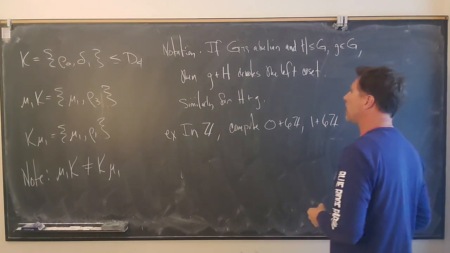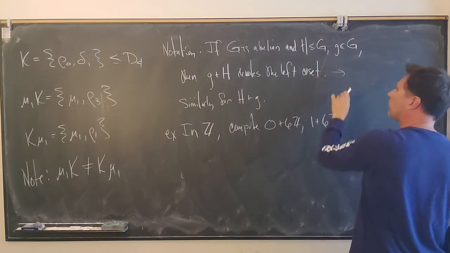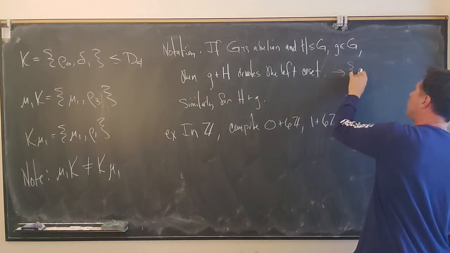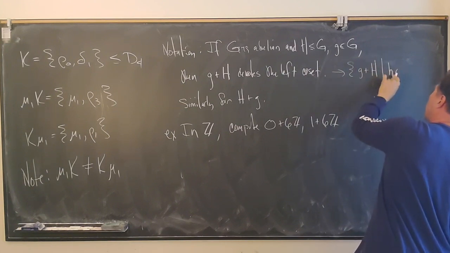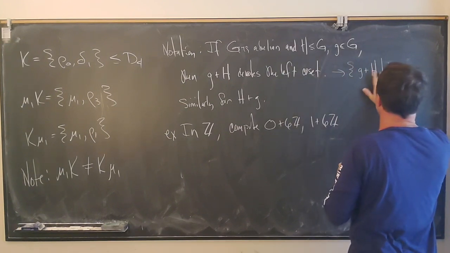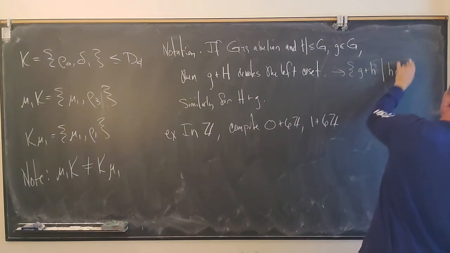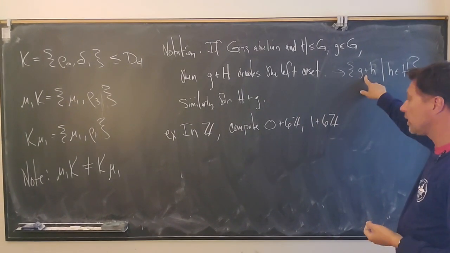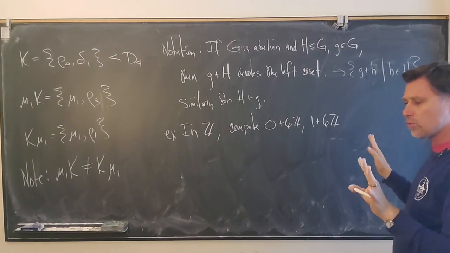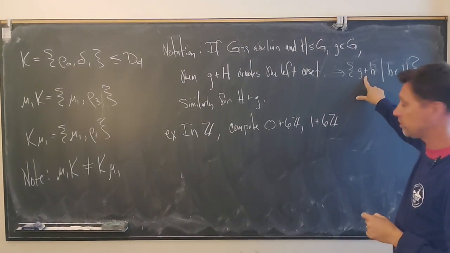So now you'll have all objects of the form g plus little h, where h runs through all of capital H. That's what the left coset is going to be because the operation is addition. There's really nothing changing here; it's just recognizing that the operation is addition.